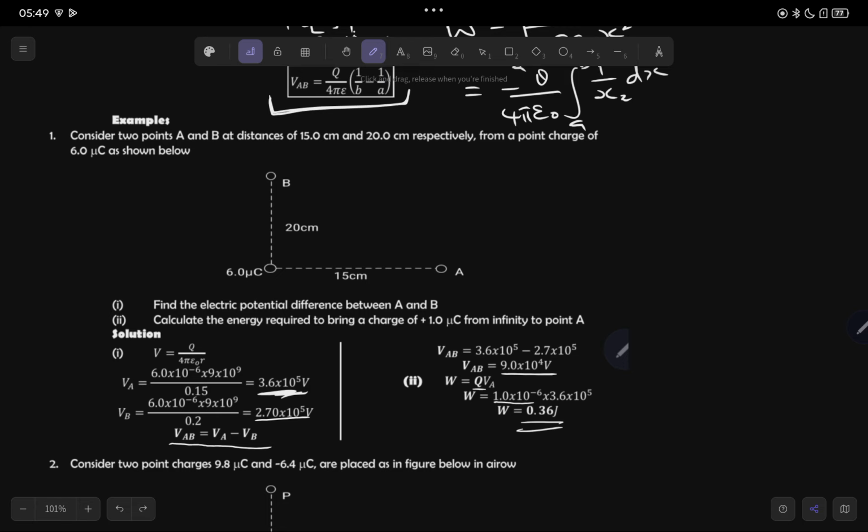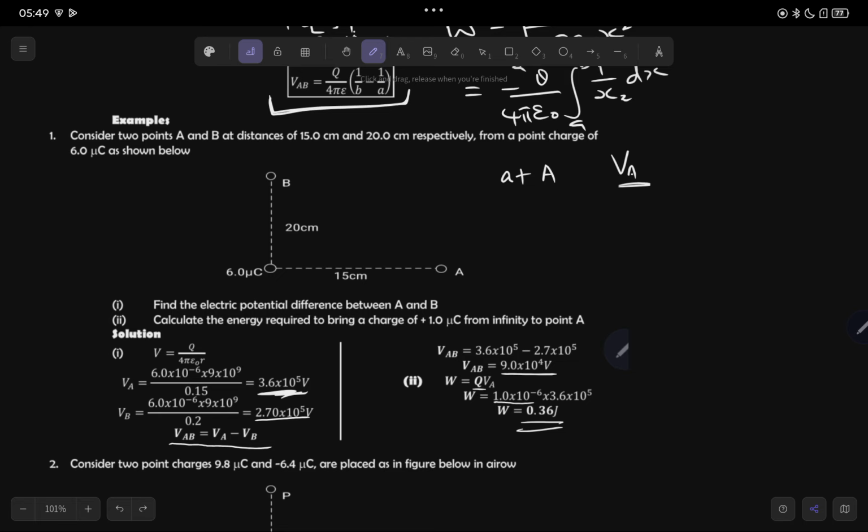Here, note carefully that if at point A we have electric potential at A, the work done in bringing a charge from infinity to that point, if it is a charge of one coulomb, will be that potential itself.